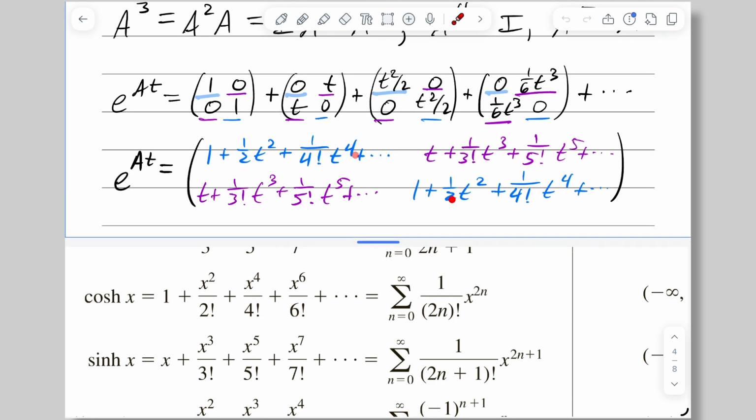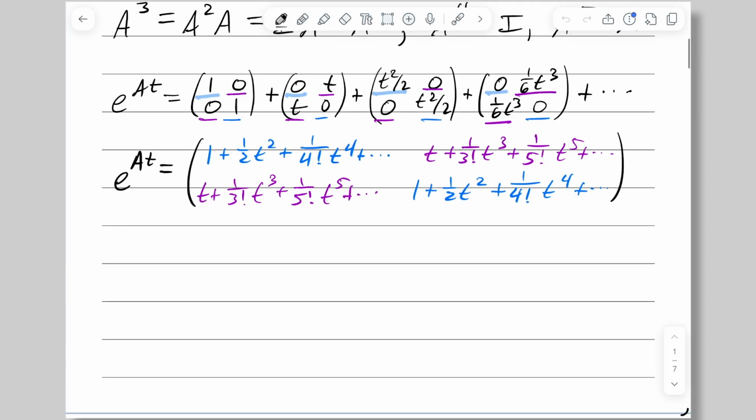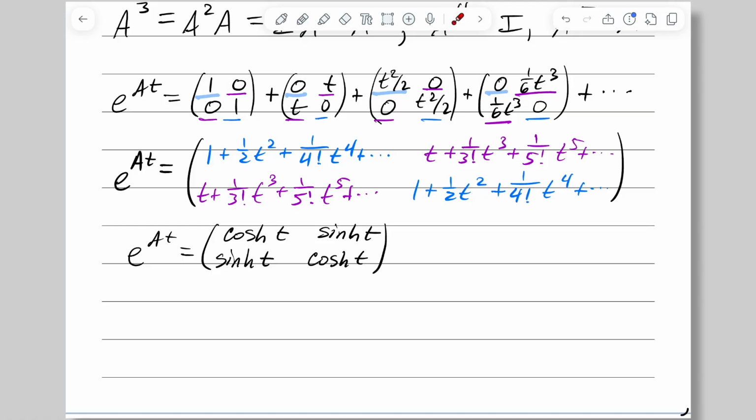Well, it's upper left and lower right. And what we have in the upper right and lower left is a hyperbolic sine. So in this case, we have that e to the At is equal to the hyperbolic cosine of t, hyperbolic sine of t, hyperbolic sine of t, and a hyperbolic cosine of t. That's our e to the At.